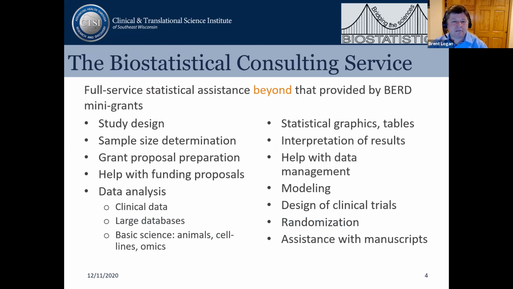Beyond that modest scope of support that you can access directly through BERD, the MCW also has a biostatistical consulting service that can provide more longer-term support and larger project support, in a variety of areas that include data analysis that might not be as easily accessible through the CTSI BERD function.